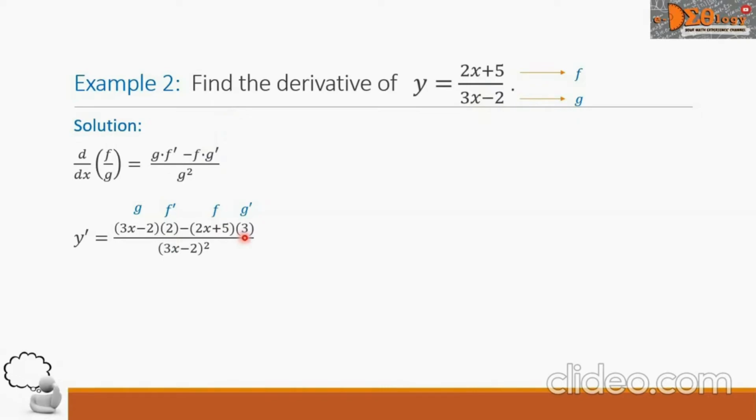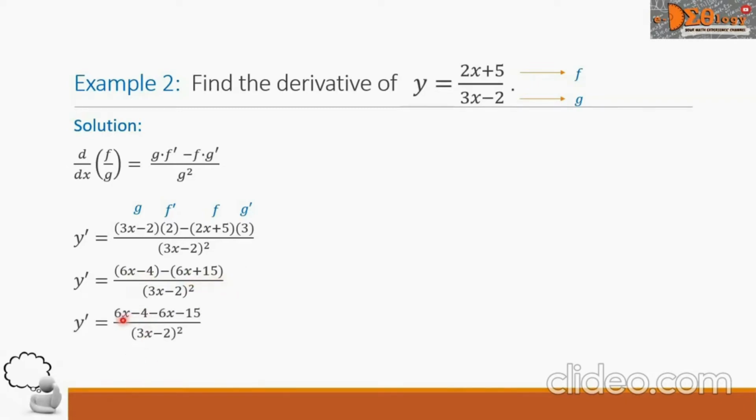Let us simplify the corresponding products of the numerator. So we have the first product to be 6x minus 4 minus the second product is now 6x plus 15. Let us remove the grouping symbols of our numerator.